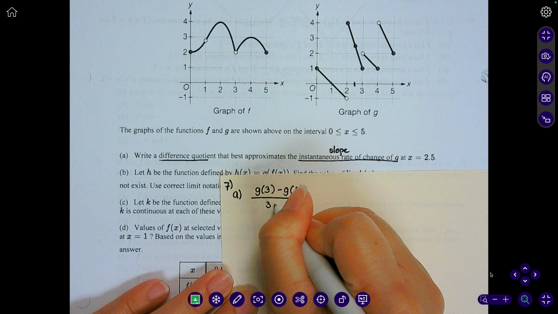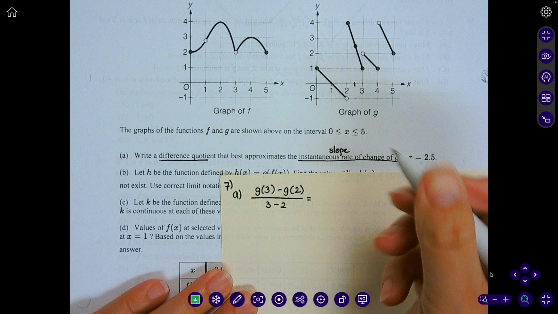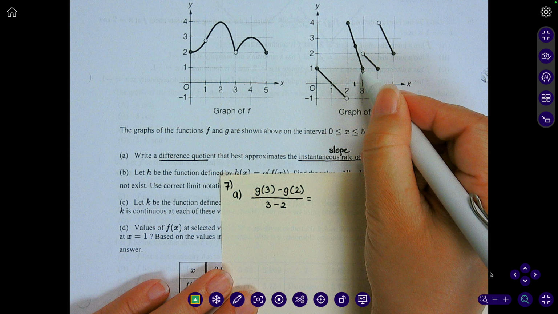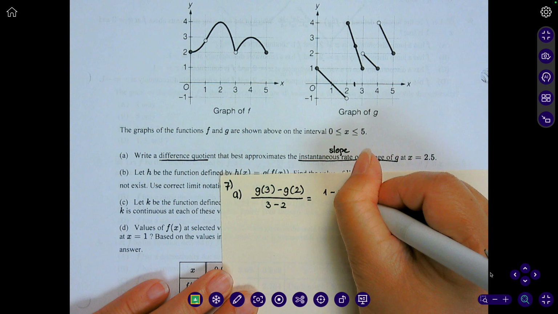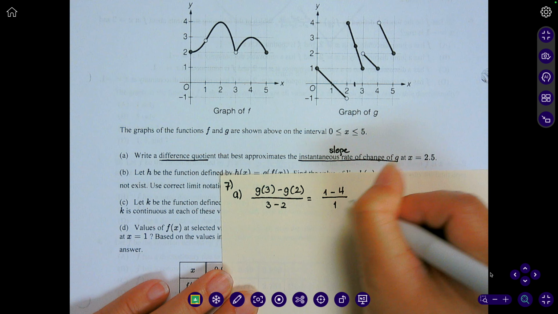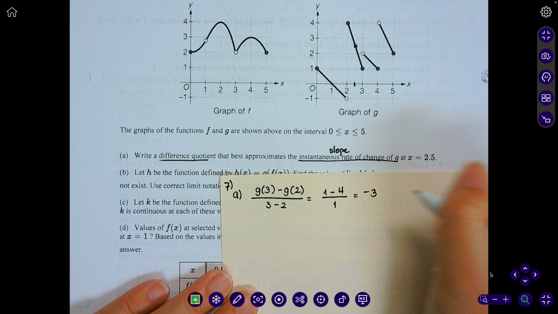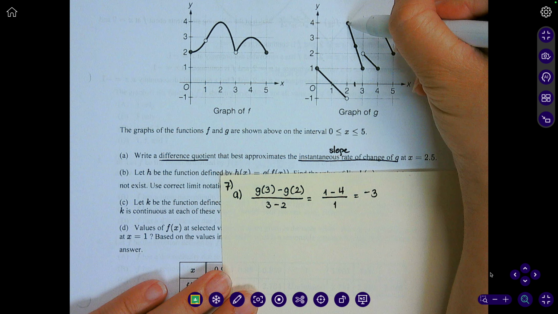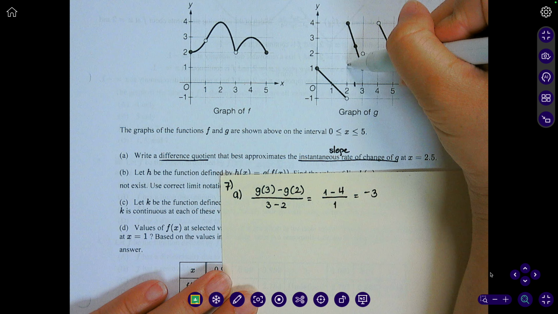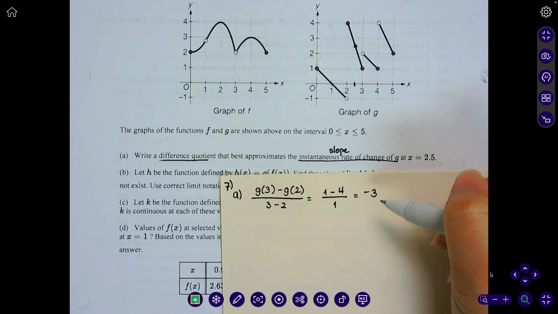And then the change in x is 3 minus 2. So the y value at 3 is going to be 1, minus the y value at 2, which is 4, over 1. So that's going to give you a negative 3. That's your answer. And you can see it on the graph, right? To go from this point to this point, you go down 3 over 1. That's why it's a negative 3.